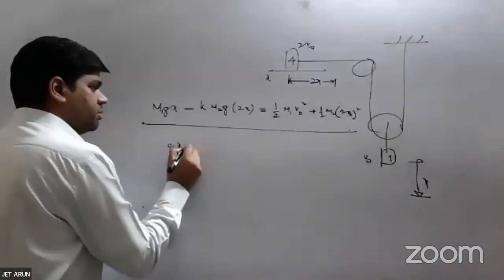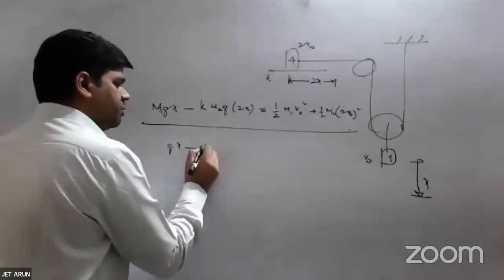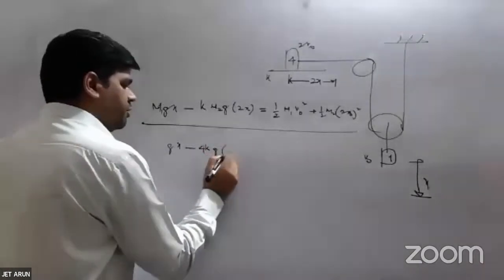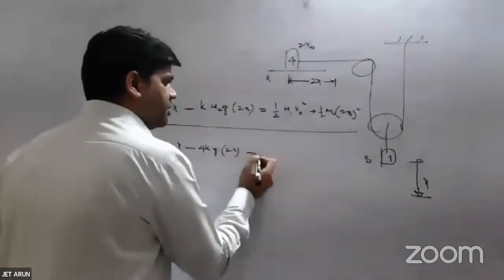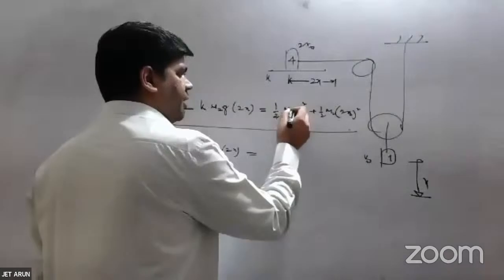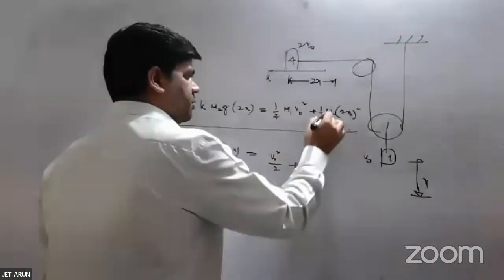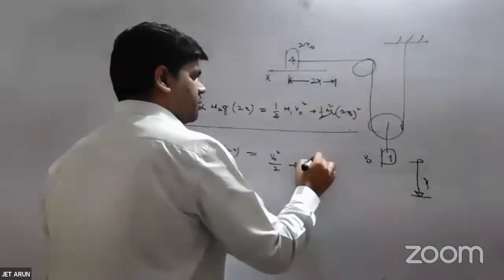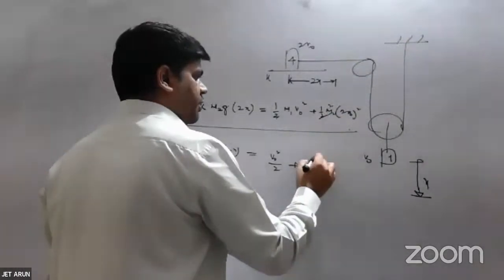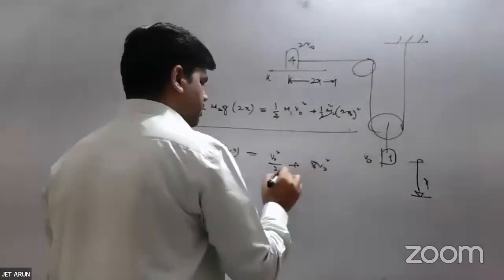So gx minus mu 4 g into 2x is equal to half, 1 times v0 square by 2, plus 2 2's are 4, 4 to 8, 8 v0 square.